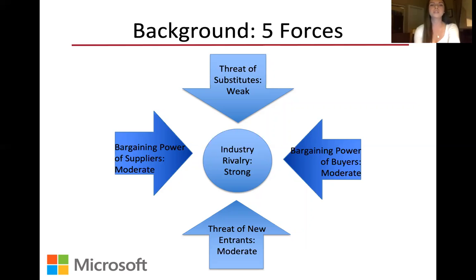The threat of new entrants is also going to be moderate, and that's because it would be really expensive for a new business to compete and gain market share against Microsoft and its competitors. But since the market is growing and projected to continue growing, new entrants may be very attracted to the industry and willing to sacrifice a little initial capital.